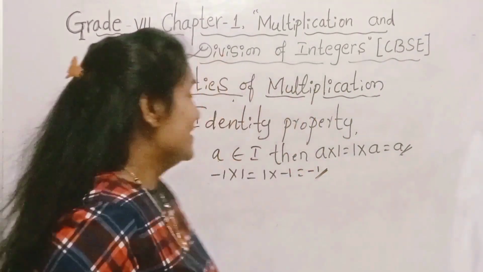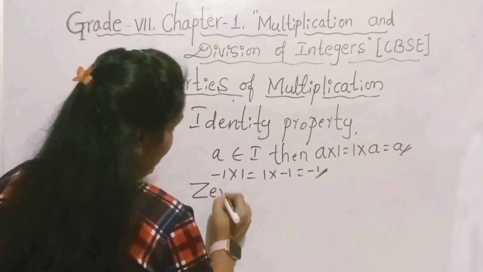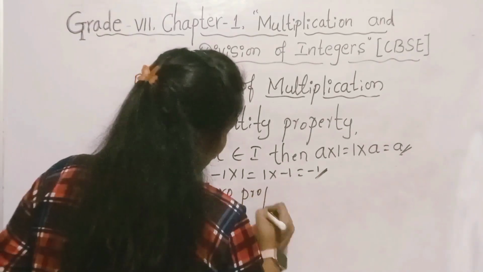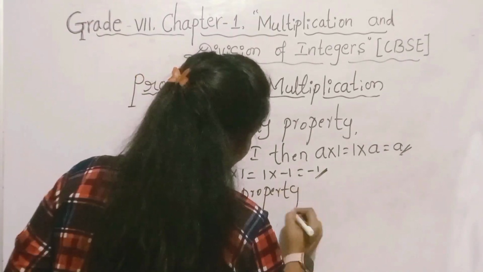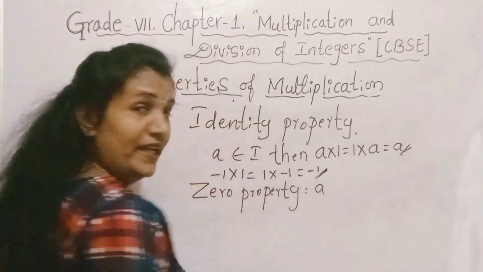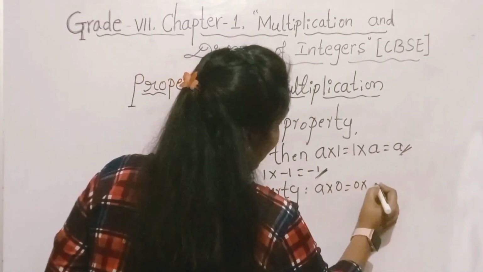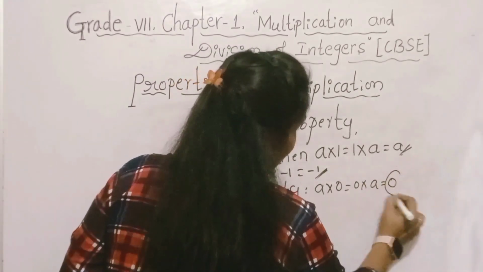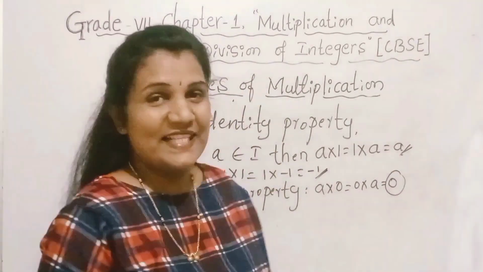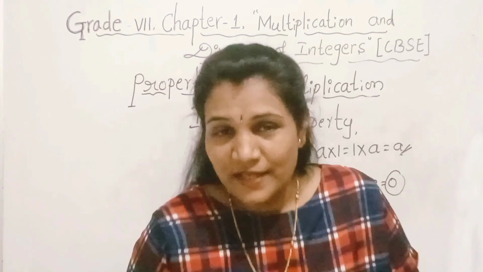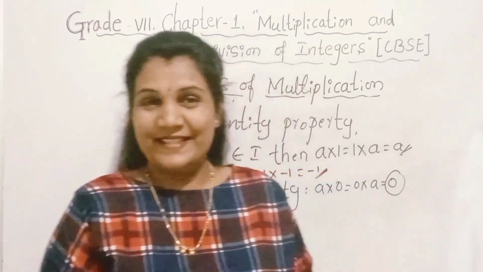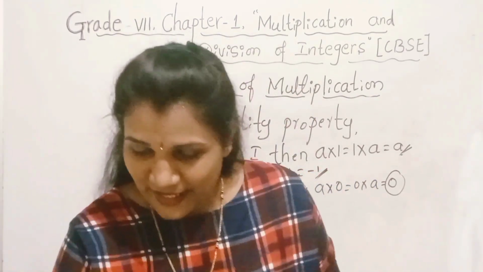That is called zero property. What does it say actually? Any integer multiplied by 0 or 0 multiplied by any integer gives 0 itself. This is called zero property.